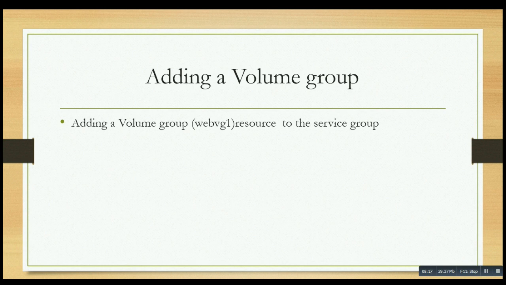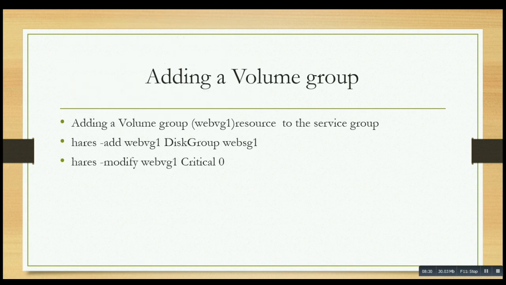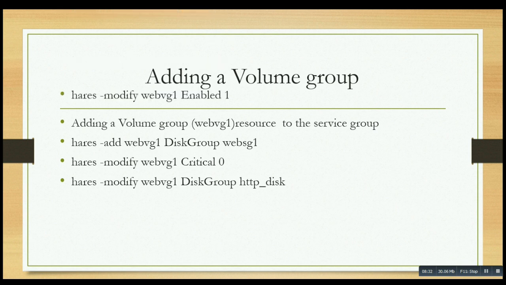Same here with the group, we have to add a group disk. We are adding just a disk, which we added earlier. Now for the disk, we run this command, copy.